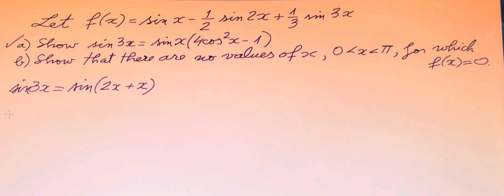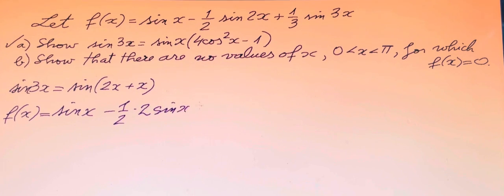We will rewrite f, substituting sin 2x and sin 3x as we know and as we found out. f is sin x minus 1/2 times 2 sin x cos x, which is the formula for sin of double angle, plus 1/3 sin 3x.